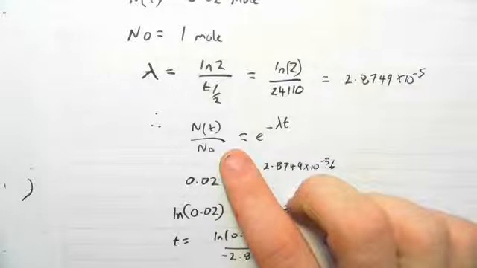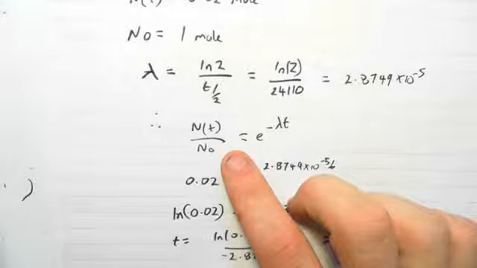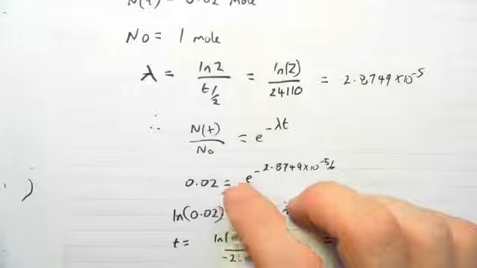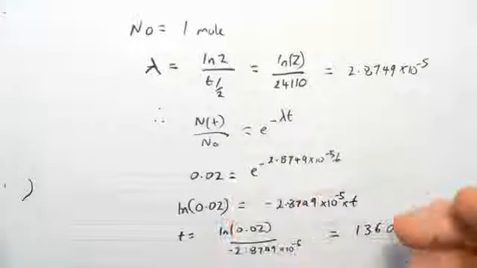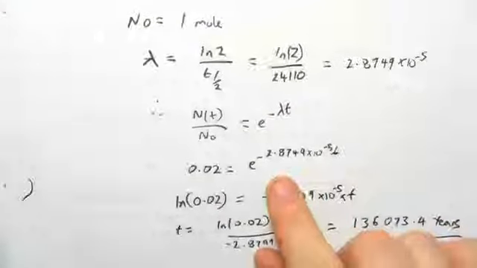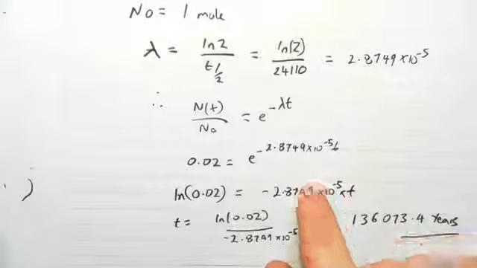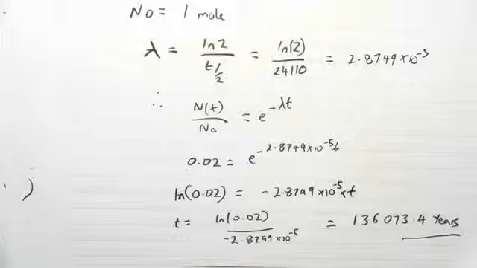The ratio between the amount of stuff at time t and the amount of stuff that we start with is 0.02 because we started with 1 mole, and that's equal to e to the negative 2.8749 times 10 to the minus 5 times t.